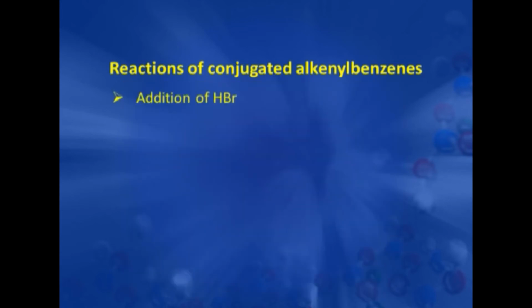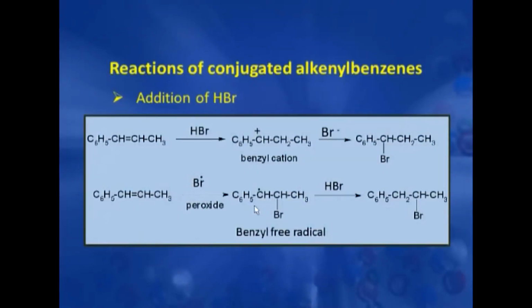Now, next is addition of HBr. We will discuss two cases, in absence of peroxide and in presence of peroxide. In absence of peroxide it is a normal reaction, an electrophilic addition reaction. First there is addition of H plus. Now, there are two CH carbons, this CH and this CH.